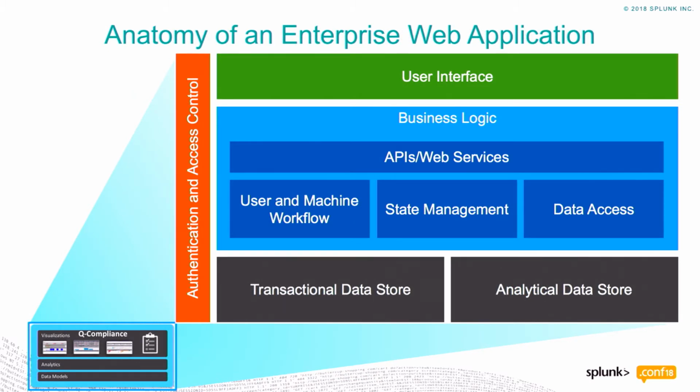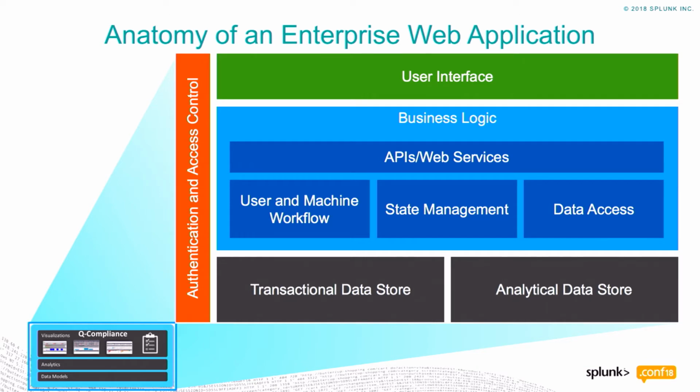So this is the architecture for how we've implemented Q compliance. We also think it serves as a good reference architecture to build other similar web applications that are similar in level of complexity and functionality on top of Splunk. So user interface layer, talking to a business logic layer through APIs and web services. Within the business logic layer, there's user and machine workflow, state management, data access capabilities.